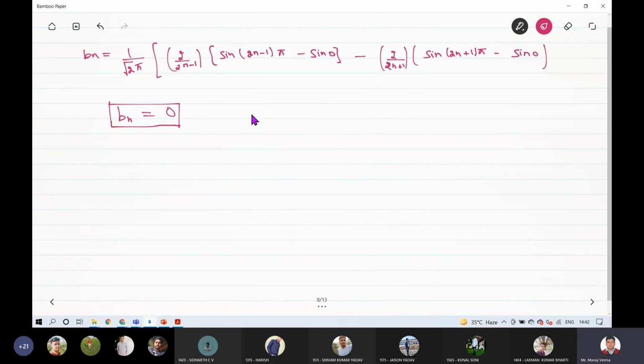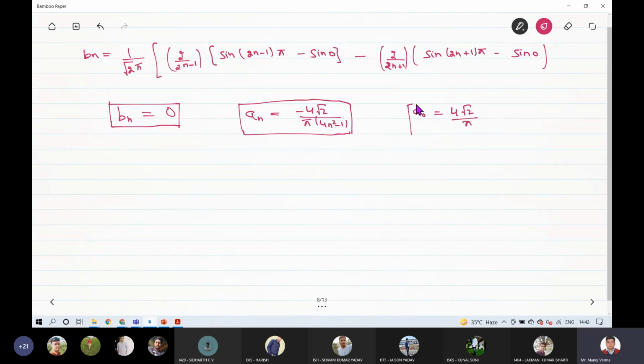Okay, and your an was minus 4 root 2. If you see from previous pages, over 4n square minus 1, and the value of a naught was 4 root 2 over pi.